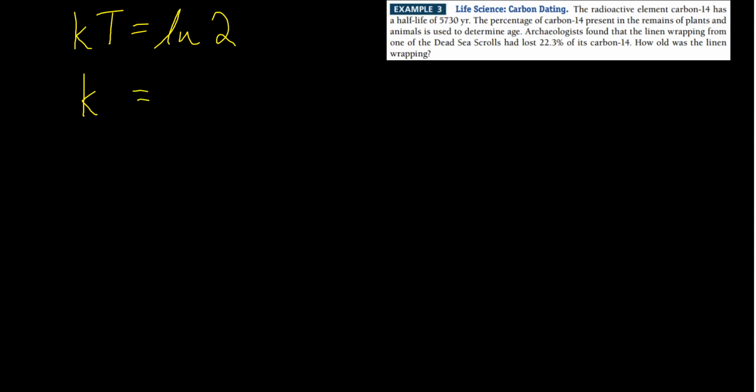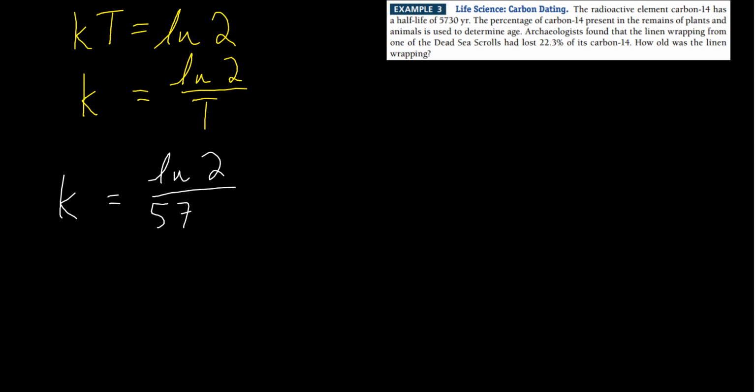And that, again, is just going to be the natural log of 2 over T. So my decay rate k is equal to the natural log of 2 over my time, which is 5730. So natural log of 2 divided by 5730.